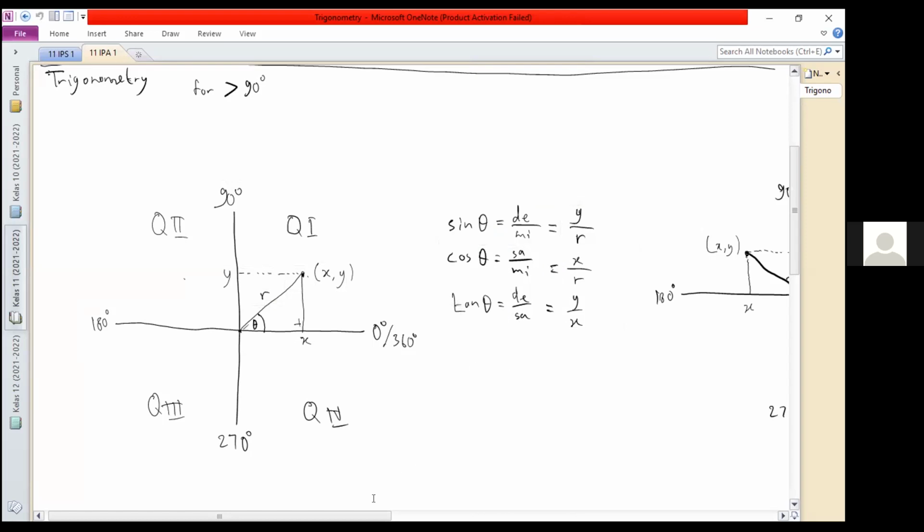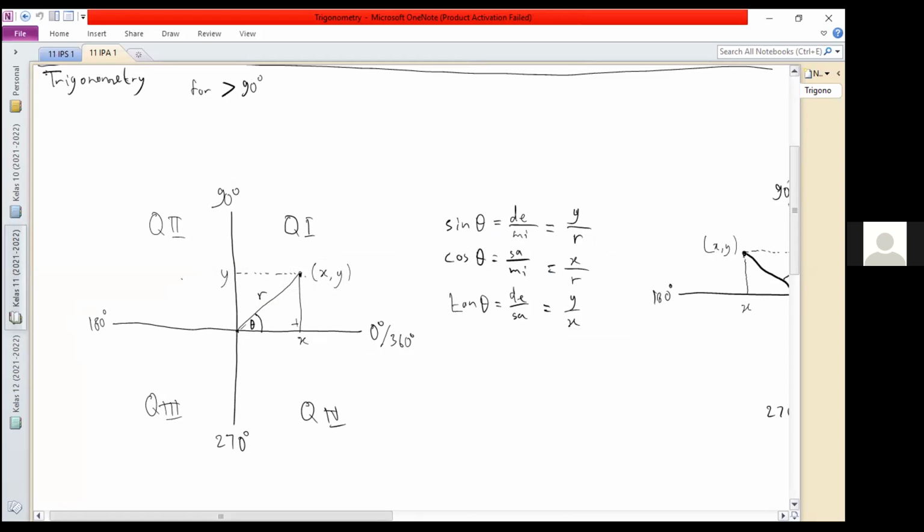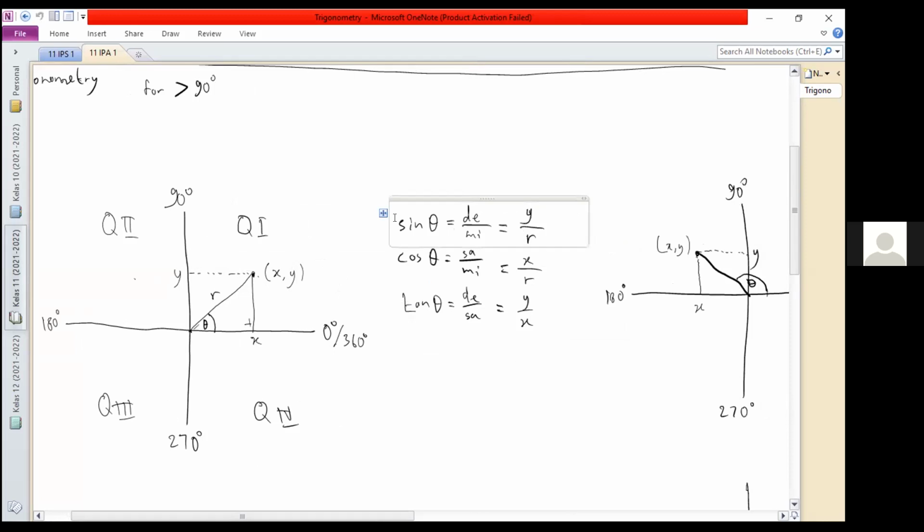But basically it's the same, because you can define r as 1, or some other constant. You can define it to be any number, and in the end you'll still get the same result for sine, cosine, and tangent.